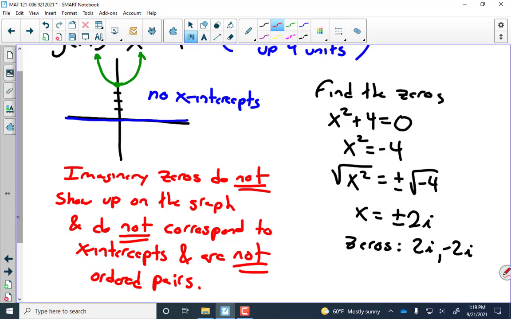So if you get imaginary zeros, that's great. Maybe you did the problem perfectly. But do not try to turn them into ordered pairs. Do not try to find them on the graph. And do not call them x-intercepts. They are not.